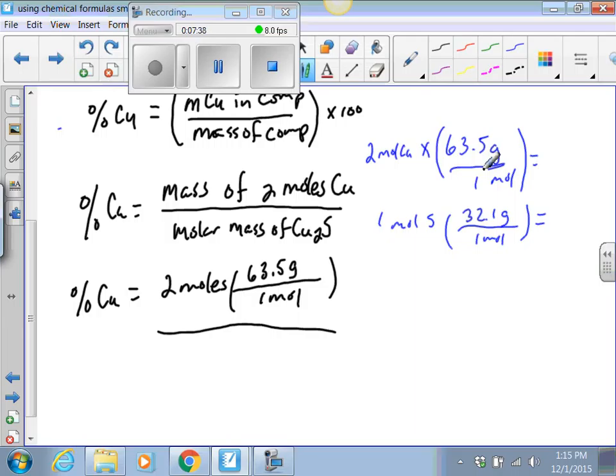So 63.5 times 2 is going to be 127. And then this is 1 times 32.1 is 32.1 grams. So that's going to give a total of 159.1.